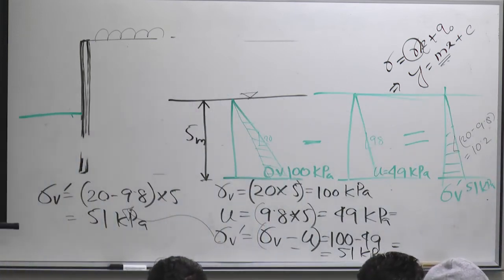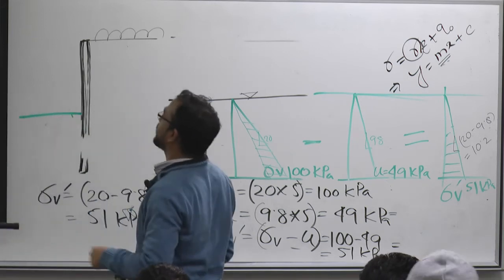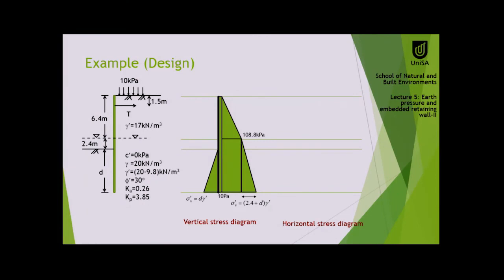So over here, I think I'm taking too much time, so I should go a little bit faster. So what I did, it's a qualitative diagram. So first 10 kPa, see that 10 kPa is over there. That is a rectangular surcharge load for the vertical stress diagram. Then the stress up to 6.4 meter, it increased at 17 kilonewton per meter cube, so it comes over here.